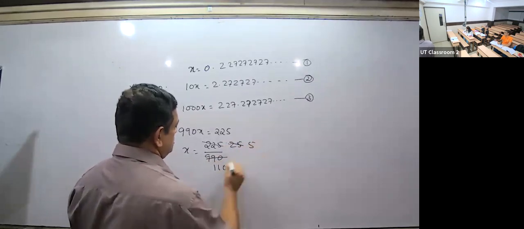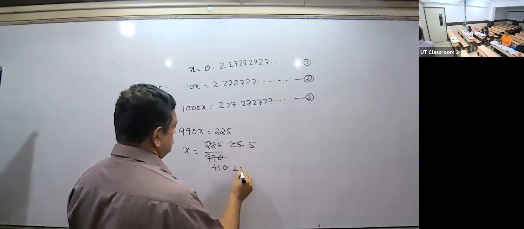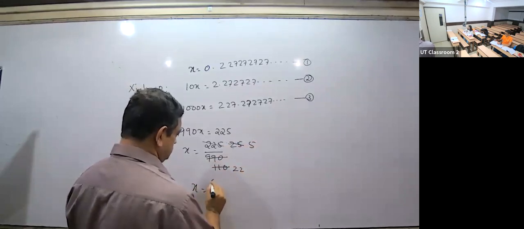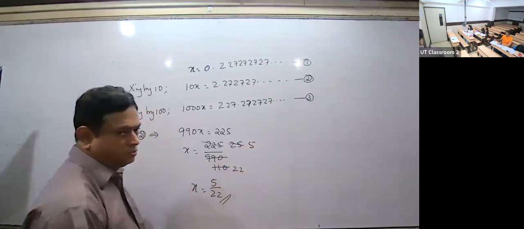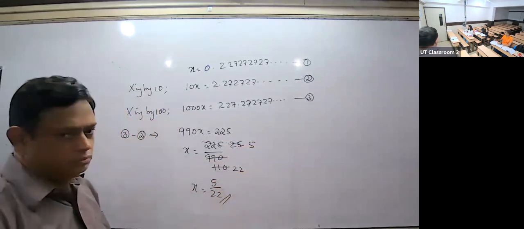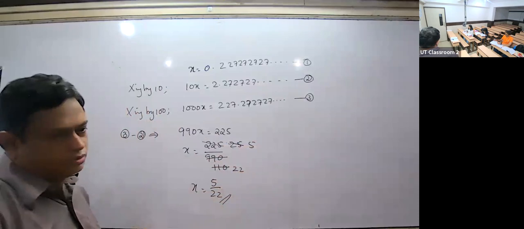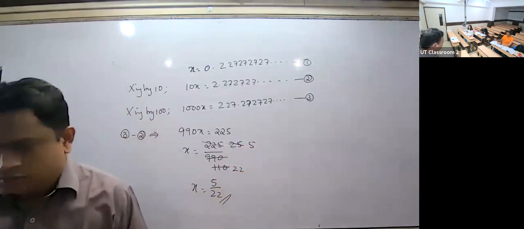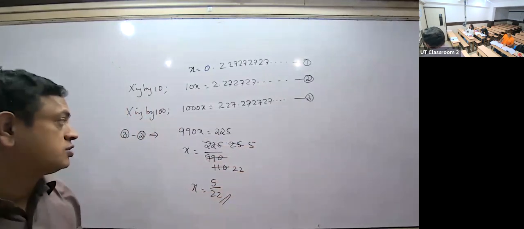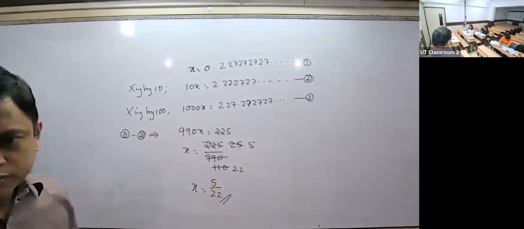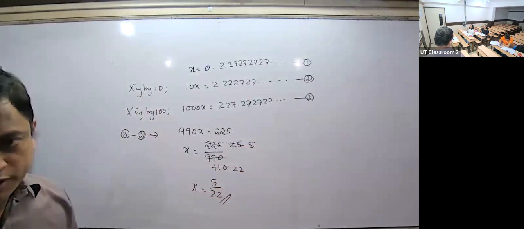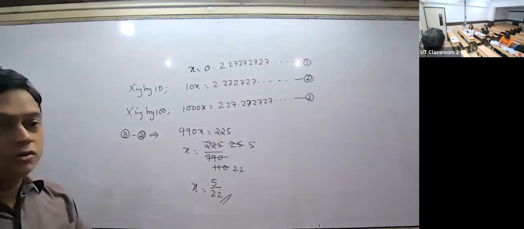First you cancel with what? You cancel 5. 5 9s are 45.